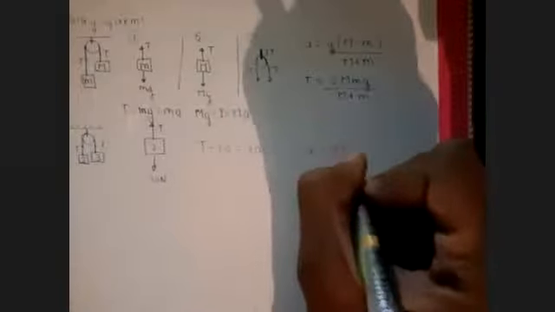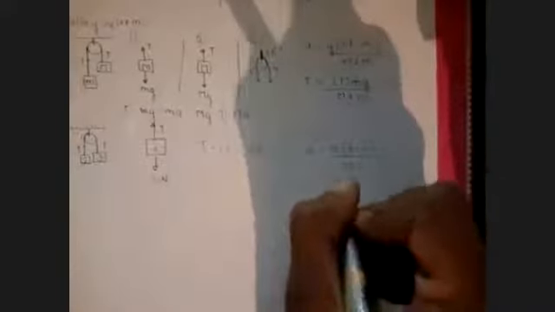So first we have to find the acceleration. To find the acceleration, we can use this formula: acceleration equals 10 into 3 minus 2 by 3 plus 2, which is 10 by 5, which is 2 meter per second square.